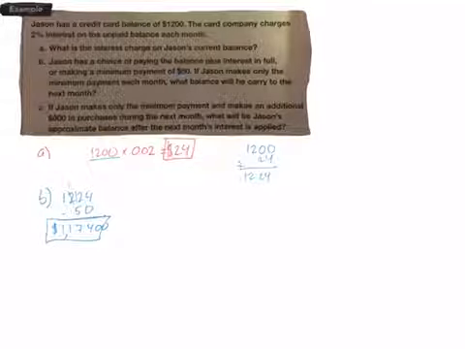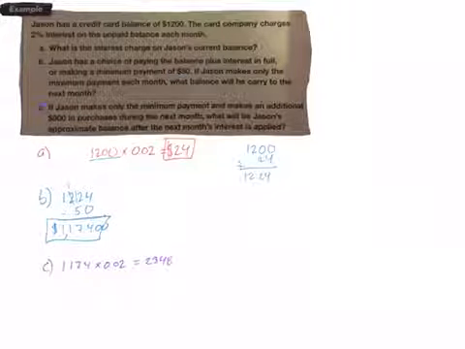For part C, it says if Jason makes only the minimum payment and makes an additional $800 in purchases during the next month, what will Jason's approximate balance be after the next month's interest is applied? Alright, so let's see. Carrying this into the third month, he starts off with this much. But then remember, we need to multiply that by the 0.02 for the end of the month. So that comes to be $23.48.